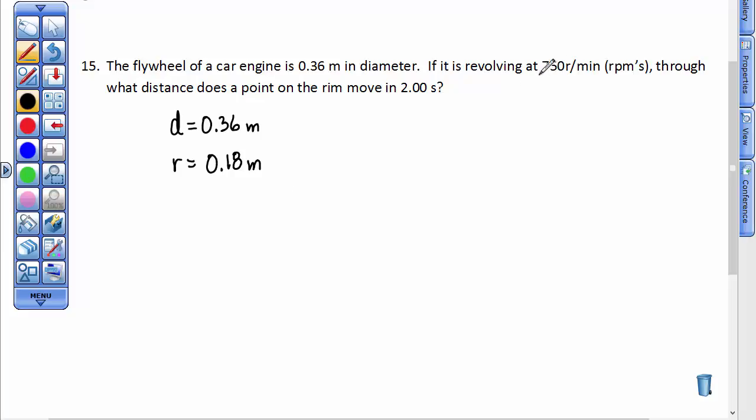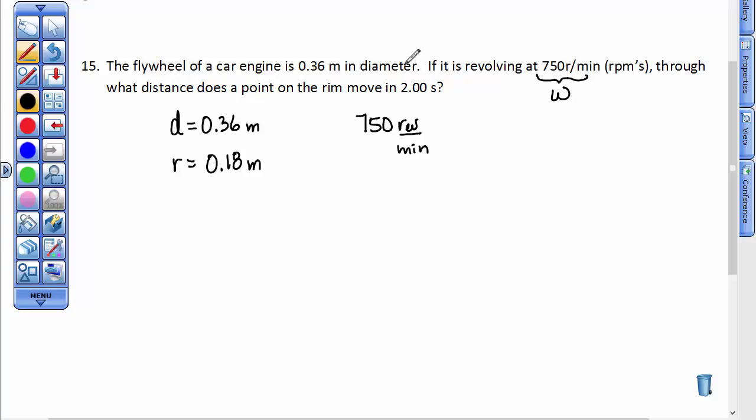All right, it's revolving at an angular speed. This r/min typically stands for revolutions per minute. It could stand for radians per minute, but 750 RPM is a reasonable number for this flywheel. So 750 revolutions per minute.